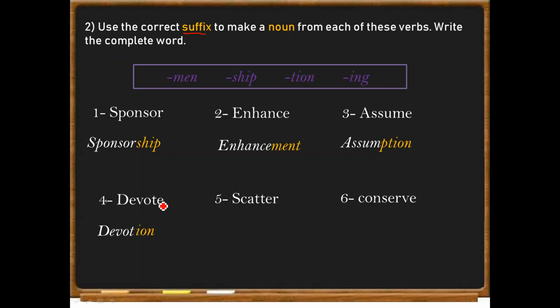Okay, so we get rid of the E, and also here we have got rid of the E. Okay, scatter becomes scattering, ing. Conserve becomes conservation. Okay, so again the E was dropped, and instead of it we added A, then TION, so it becomes conservation.